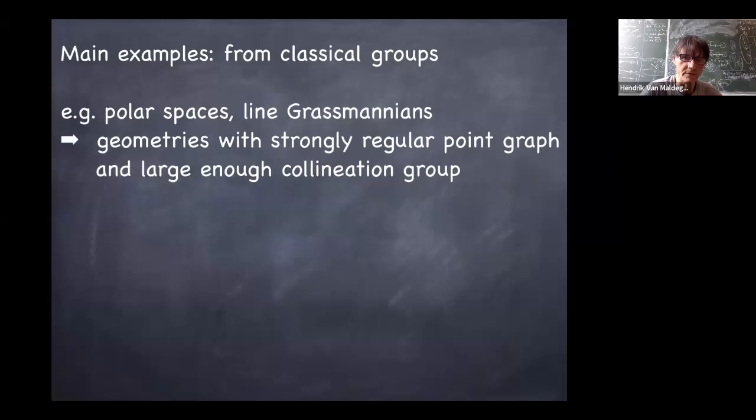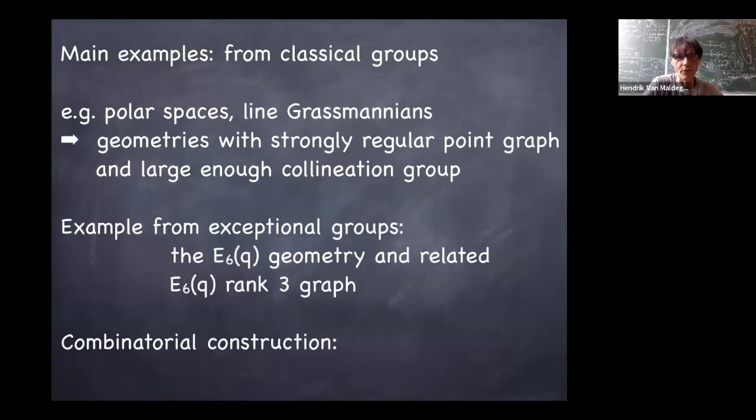That's what we want. And so what about the exceptional groups? Well, there is only one geometry that gives rise to a strongly regular graph, and that's the E6,1 geometry and the related E6,1 rank 3 graph.